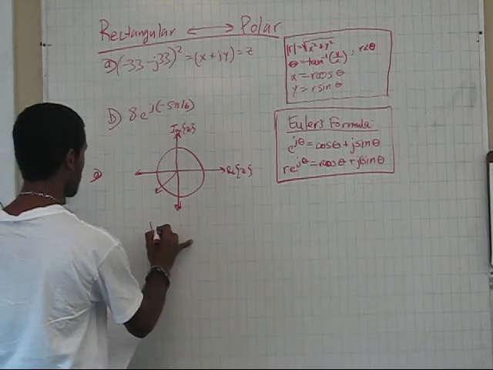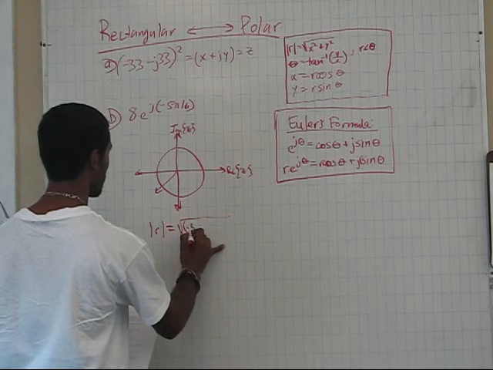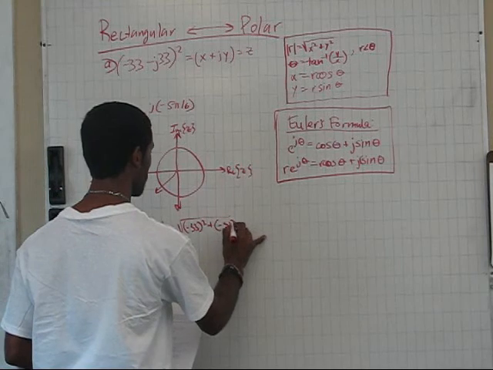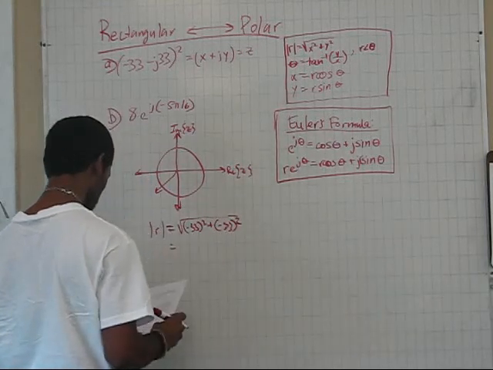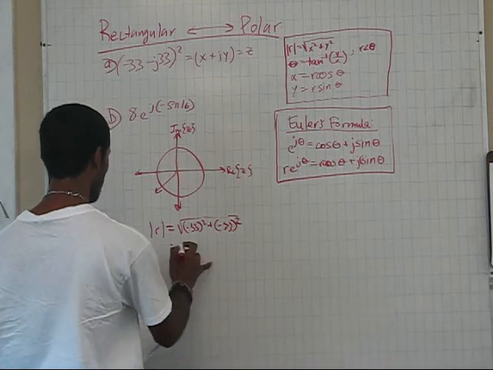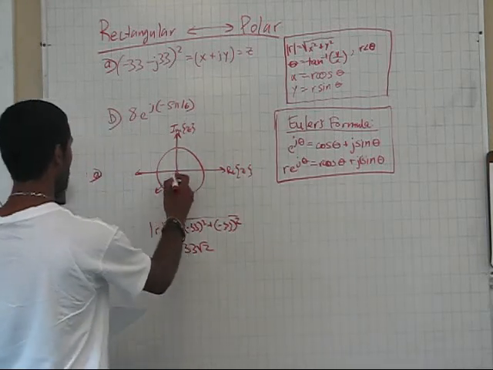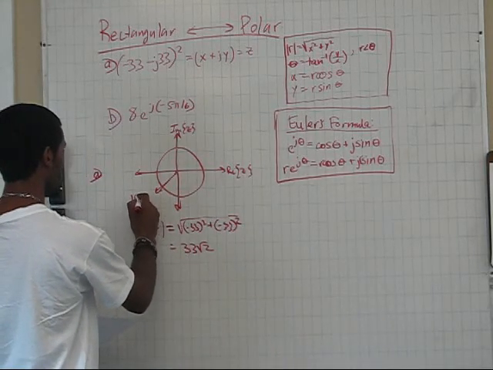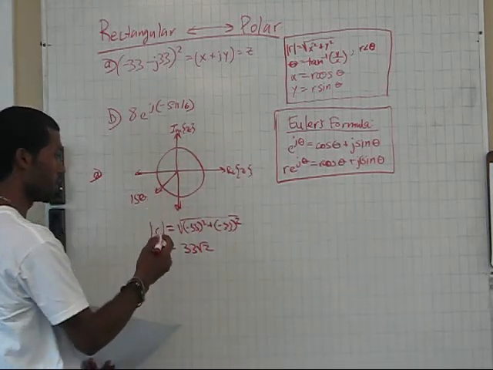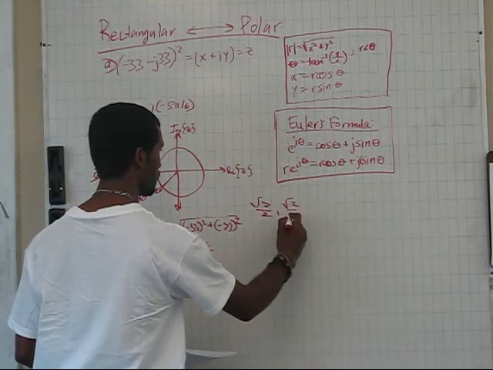So the magnitude r is going to be the square root of negative 33 squared plus negative 33 squared, which gives you 33 root 2. Using the unit circle, you figure out that it's going to be here, and then you get formulas like root 2 over 2, and then root 2 over 2.